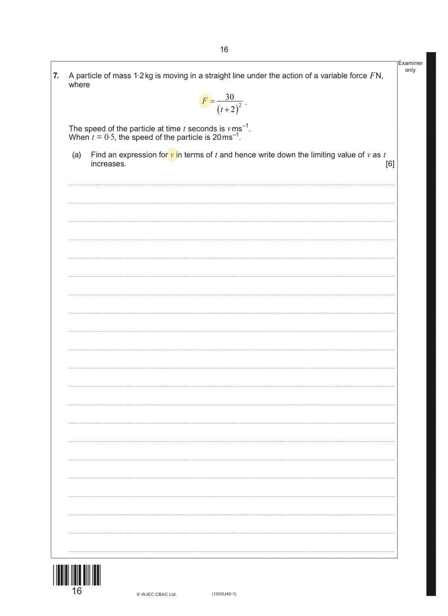We've got F equals 30 over t plus 2 all squared, and then to get A we're going to divide by 1.2. So my expression for A is going to be 30 divided by 1.2, which I think is 25. Yeah, so 25 over t plus 2 all squared, and then I'm going to think of A as dv by dt.